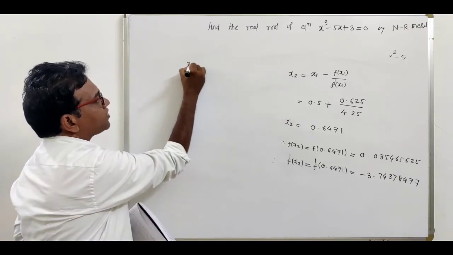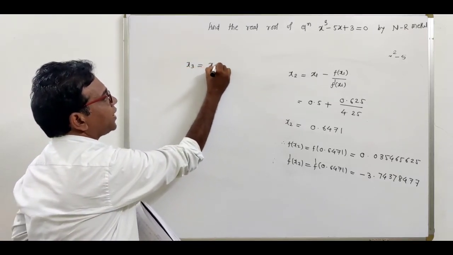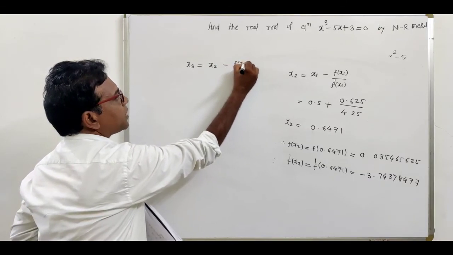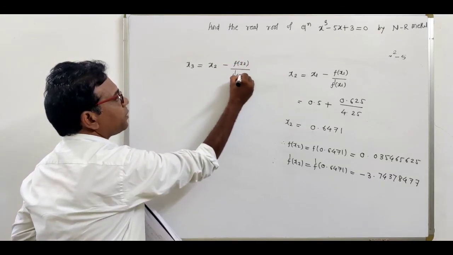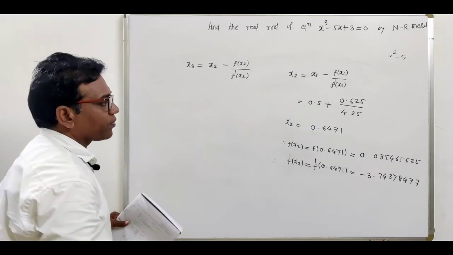Write down the formula: x3 is equal to x2 minus f of x2 divided by f dash x2.